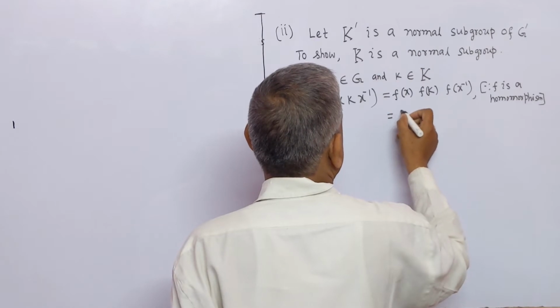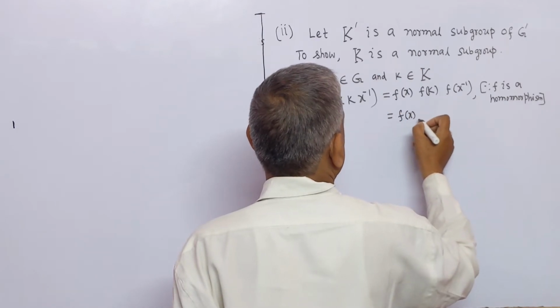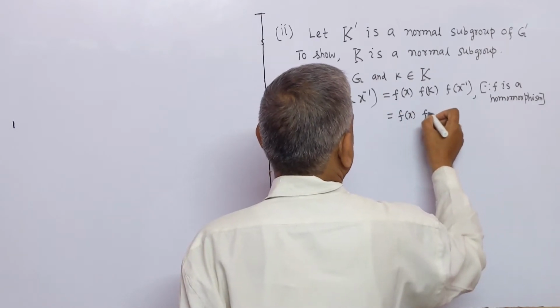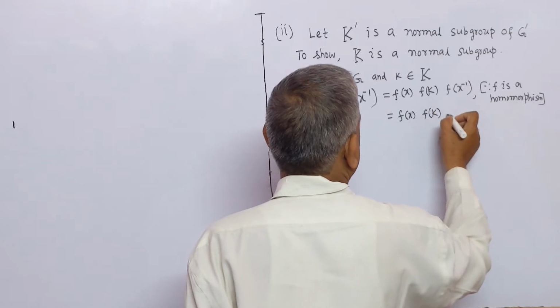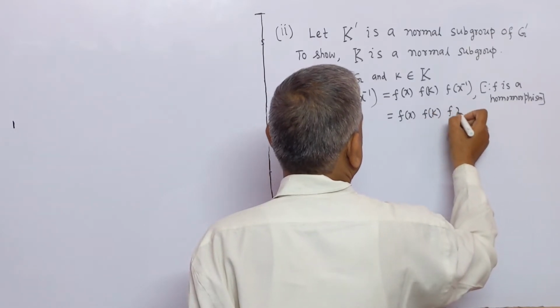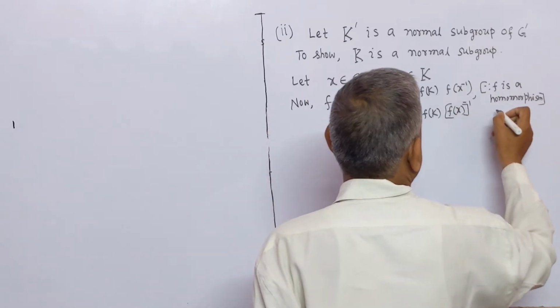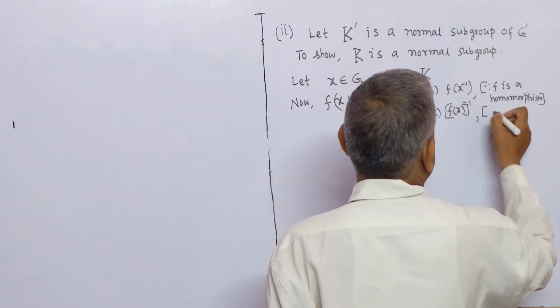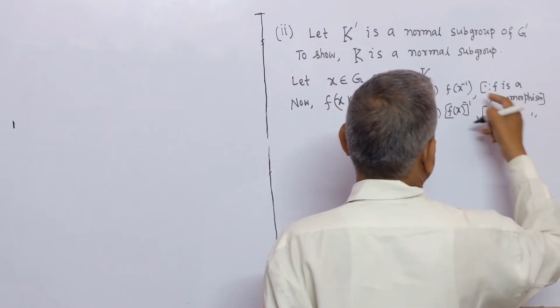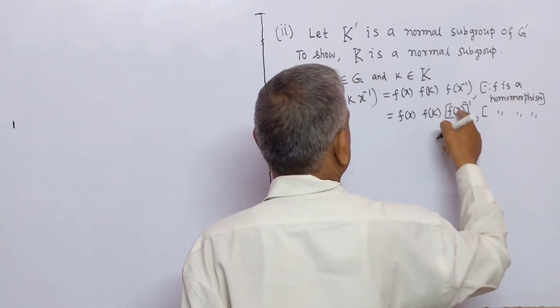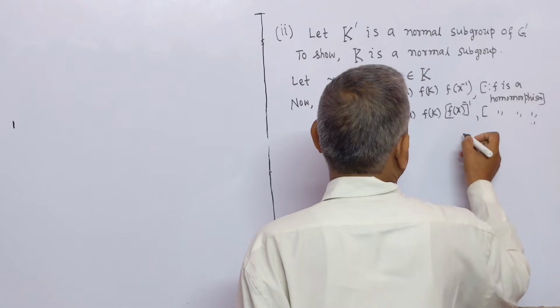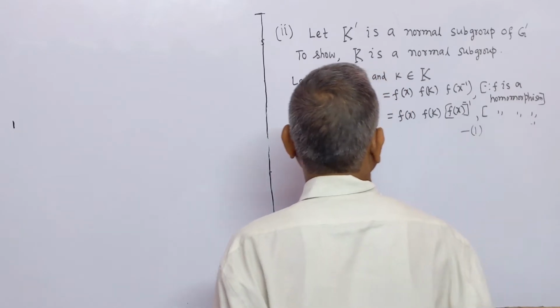This is equal to f(x) f(k) (f(x)) whole inverse, since f is a homomorphism, so f(x inverse) equals (f(x)) whole inverse. Let this be number 1.